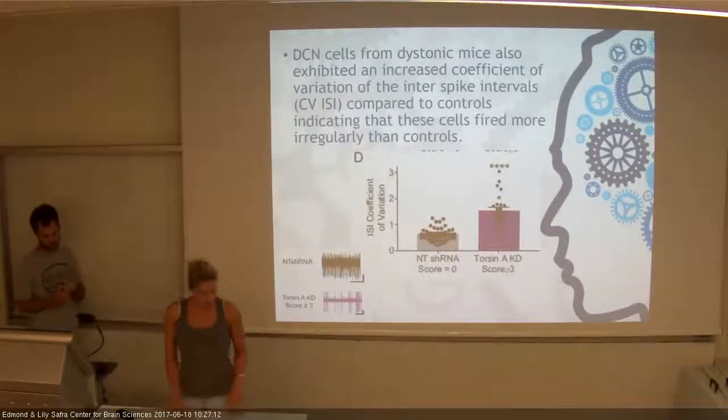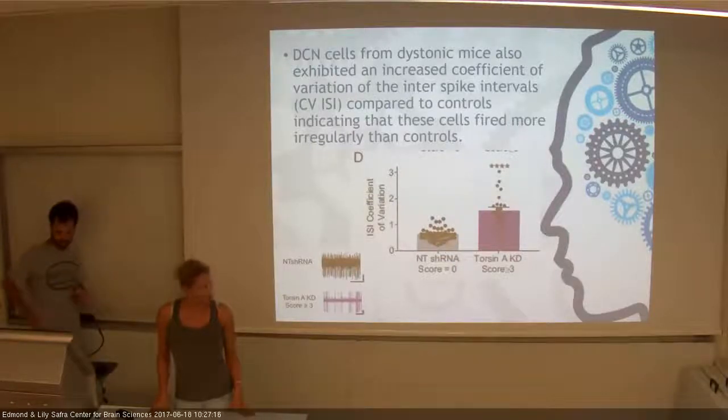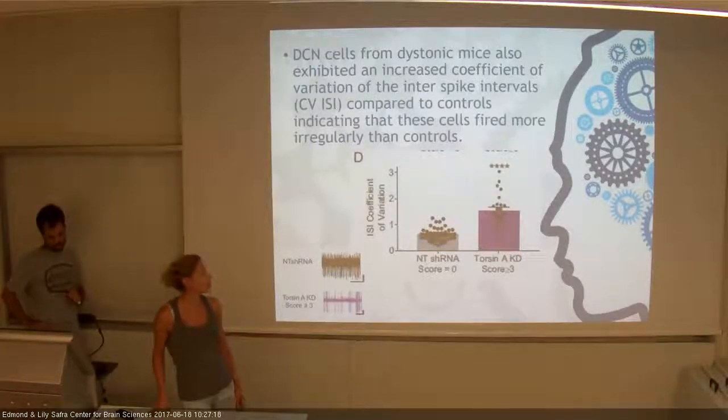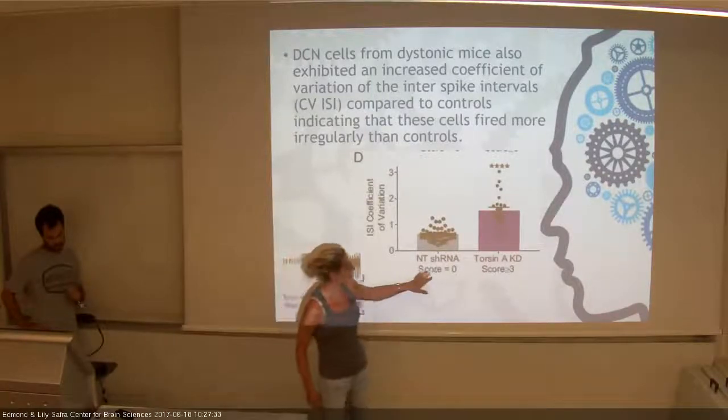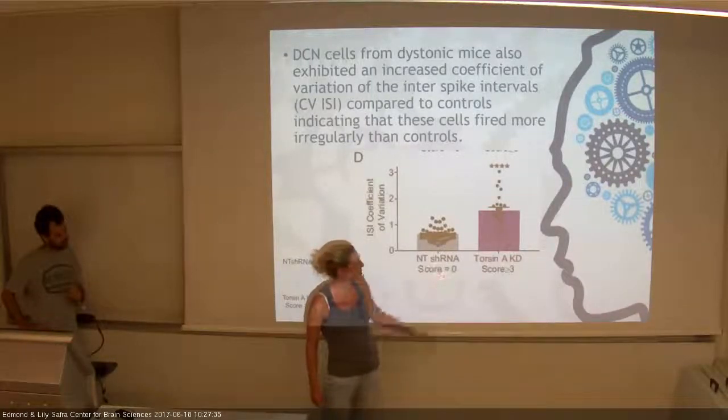And also, they looked at the coefficient of variation of the interspike interval, and what they thought is that they would find that the interspike interval would decrease, but it increased when they compared it to the non-targeted shRNA.